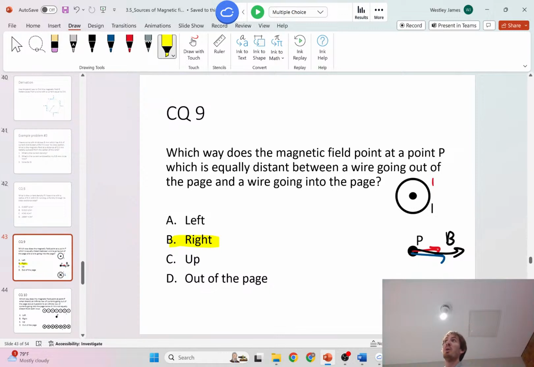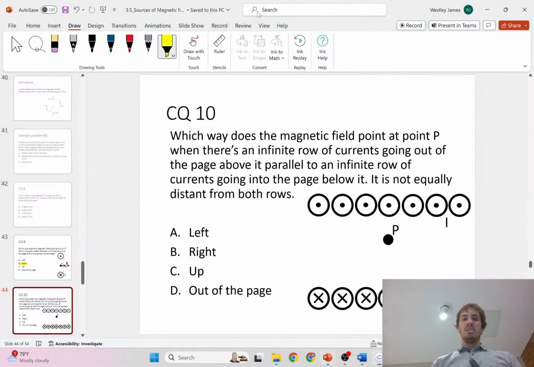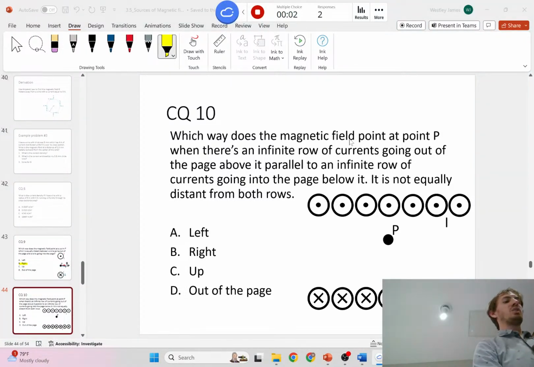So now, what if I had a bunch of loops of wire from the side? What is the direction of the magnetic field at point P? I've got a ton of wires now. And notice I moved my point P a little bit up. Is it left, right, up, out of the page? Notice that none of the answers are like up to the right, down to the left.